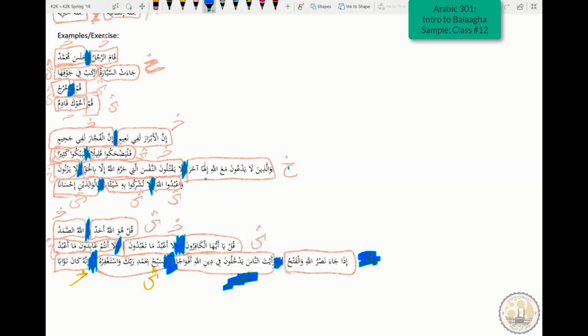All right? So these are basically some examples and some exercises of how you can determine whether 2 sentences together are either al-wasl or al-fasl. Okay? First thing you need to do is identify the 2 or 3 or 4 or 5 or 10 sentences. Okay? How many sentences are in the kalam, in the speech?